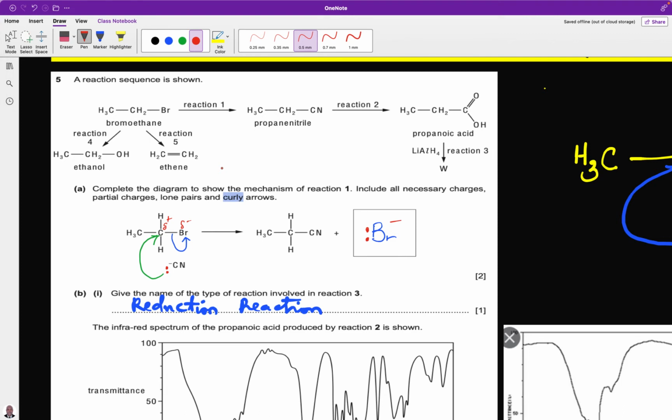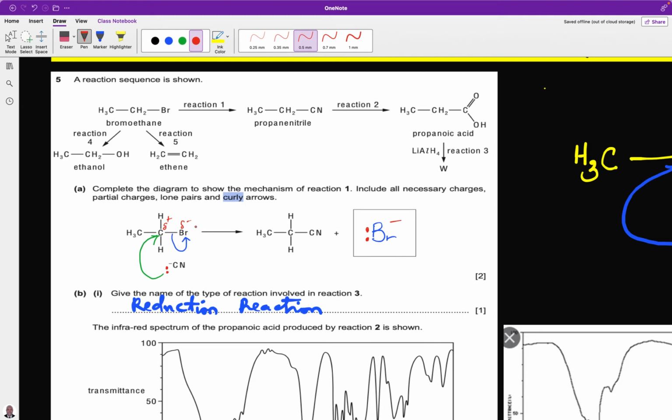I did mention that when bromoethane is heated under reflux with aqueous sodium hydroxide in a solvent of aqueous ethanol, the bromine is substituted by the OH group and ethanol is formed.